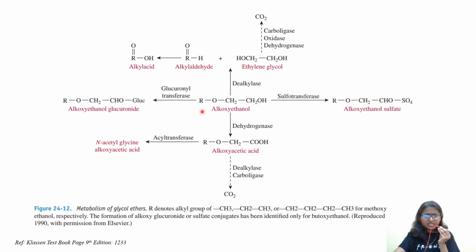Please go and read about this particular picture also in detail. Mostly what is happening in this case is that the alkyl groups are replaced with methoxy, ethoxy groups, here given as CH3 or CH2CH3. How these toxic metabolites are formed by various enzymes in our body, that you can read.